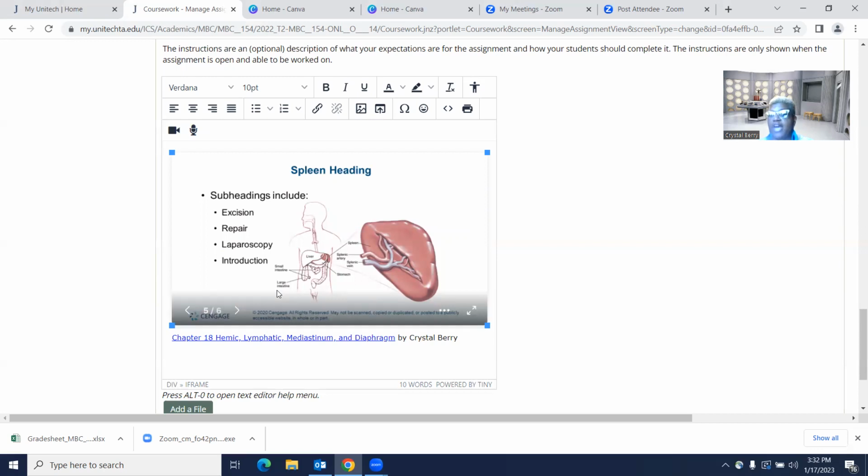This is a very short chapter. Please make sure that you read Chapter 18. It tells you, just on these PowerPoint slides, what's included and the format. You also have diagrams and Figure 18.1 in Chapter 18.